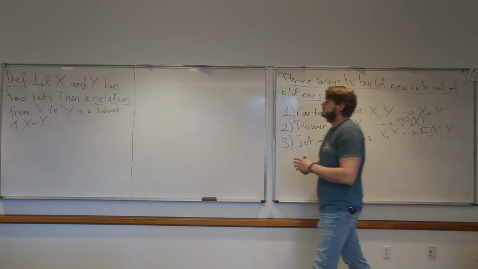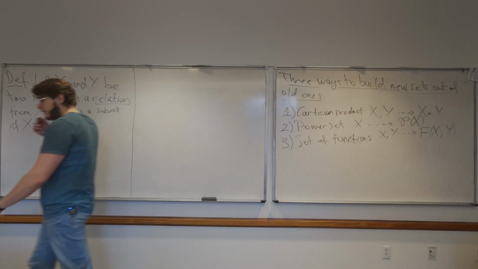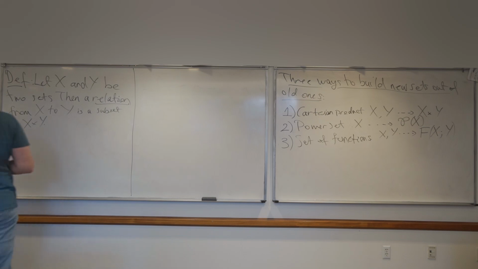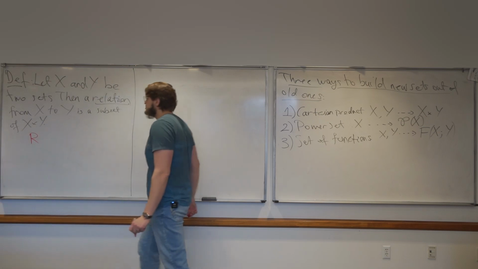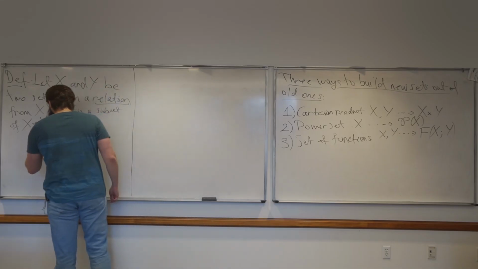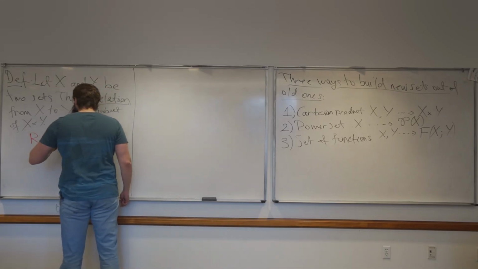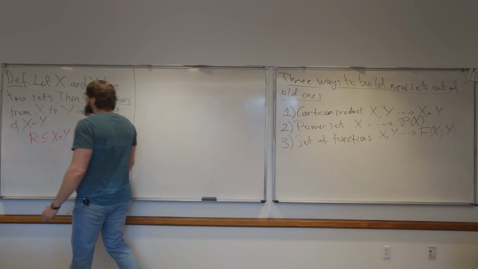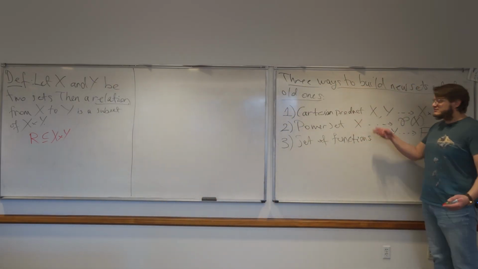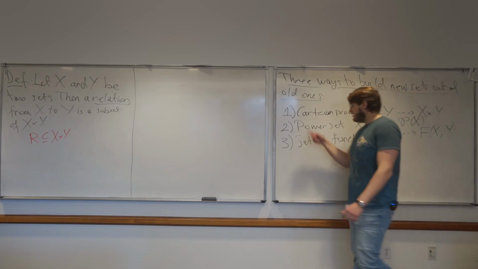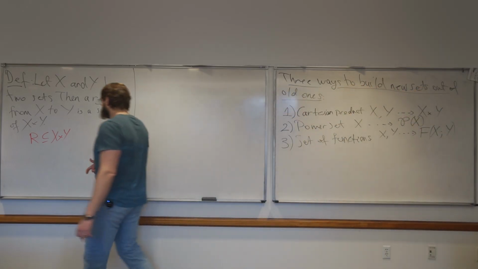Okay. So let's try to write this in symbols. So for instance, I would write something like this. R would be a relation. I'm saying this is a subset of X times Y. Or of course, if I wanted to use this powerset notation, I can ultimately match and use a bunch of these different constructions.